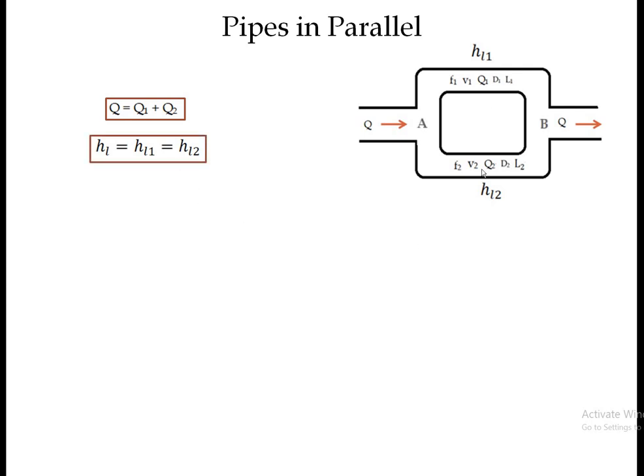And why is it so? Remember that we have already seen that this head loss, HL1 in pipe 1 and HL2 in pipe 2, is always equal to the difference between the total energy available at section A and the total energy available at section B. For both pipes, the difference between the energy levels at A and B is the same, so HL1 equals HL2, because they start from the same point and end at the same point.